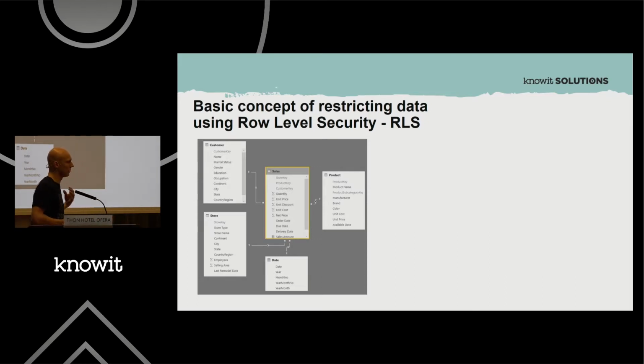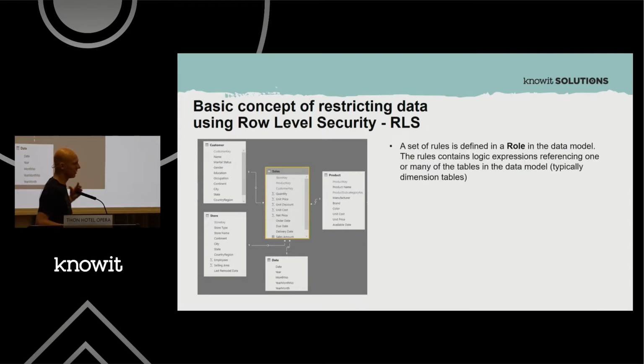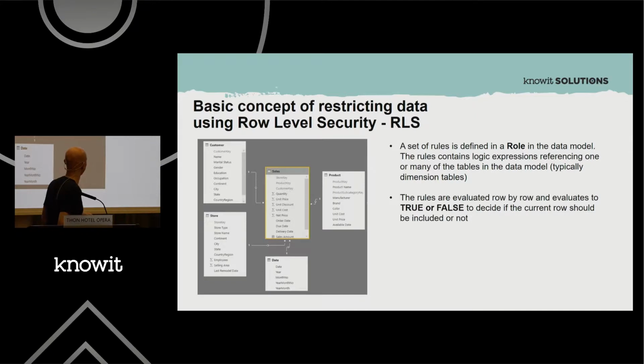So the concept that we introduce is this row-level security, and it's basically a set of rules that we implement in a role within the data model. These rules reference one or more of the tables that we have in our data model, and they put conditions on what must be fulfilled in order to include these particular rows of data.